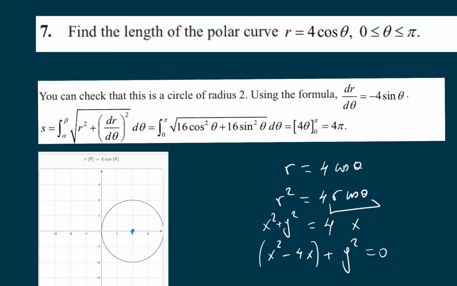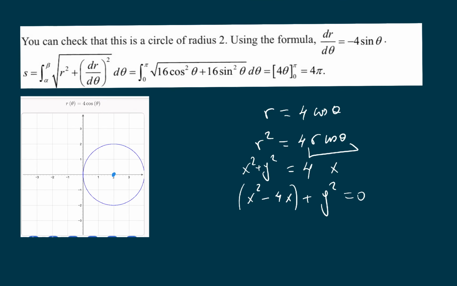Okay, I'm not going to do it, but clearly the Cartesian equation is x minus 2 squared plus y squared equals 2 squared. If you complete the square here, you will find this equation.